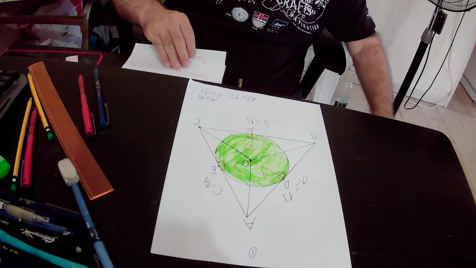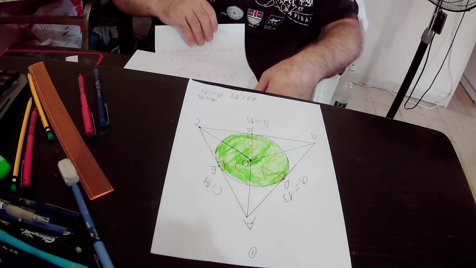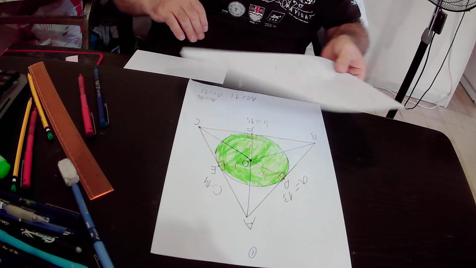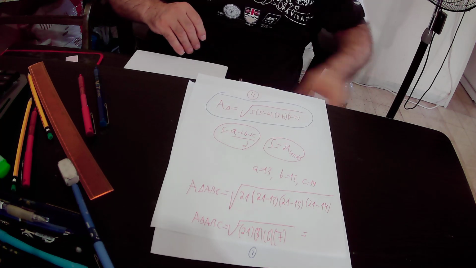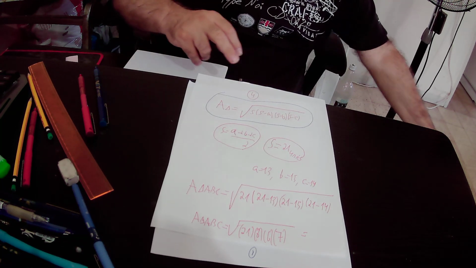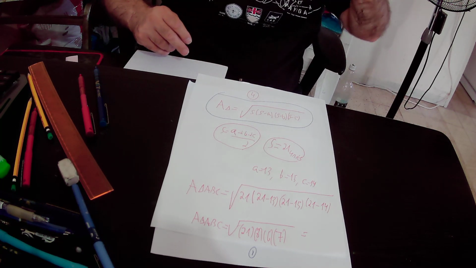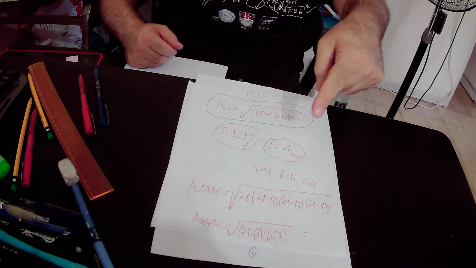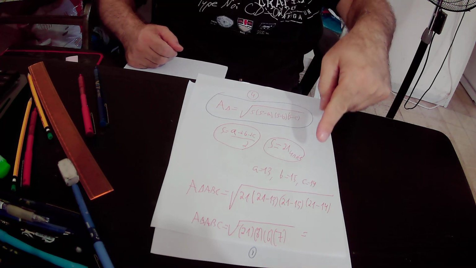Okay, and we have a special formula to calculate the area of triangle ABC when we know that S equals 21 and A equals 13 units, B equals 15 units, and C equals 14 units.